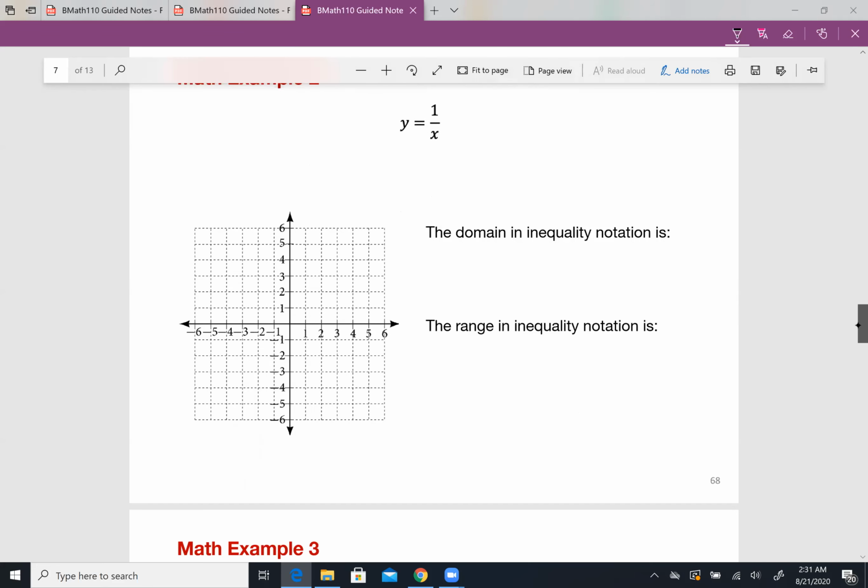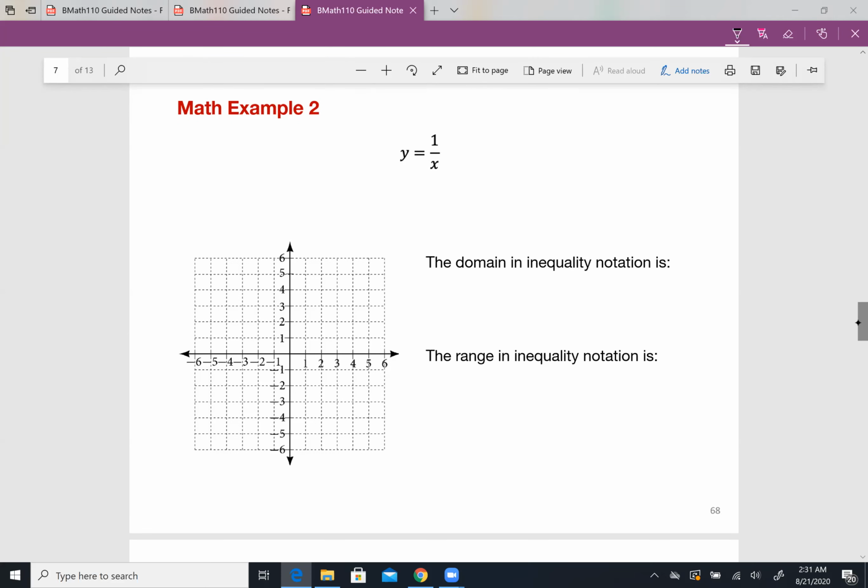Okay, so I will move down to the next one. Now, another function that you may also consider about the domain is called the rational function.